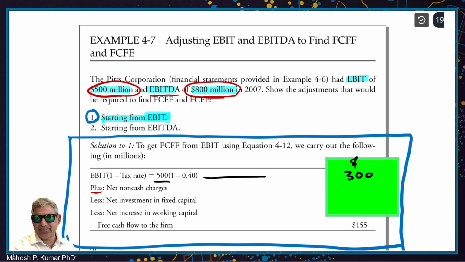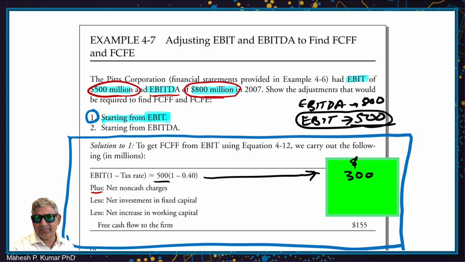So this is EBIT multiplied by 1 minus tax rate, and then we will add the non-cash charges. This depreciation is assumed to be the only non-cash charge. EBIT is $500 million and EBITDA is $800 million.